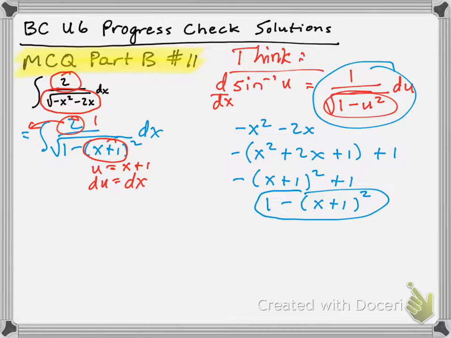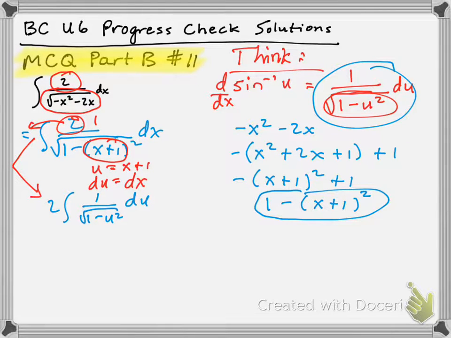So we can transform that integral one more time, and we will write that as a 2 on the outside, and then we have 1 over the square root of 1 minus u squared, and the dx is just replaced by du.